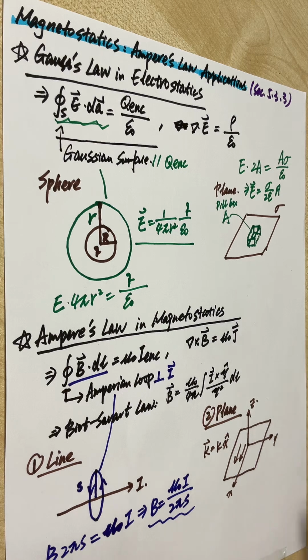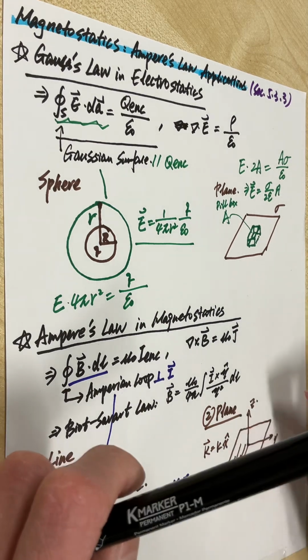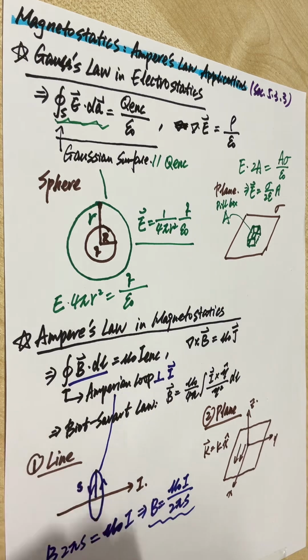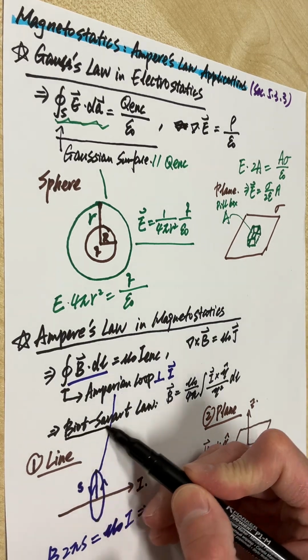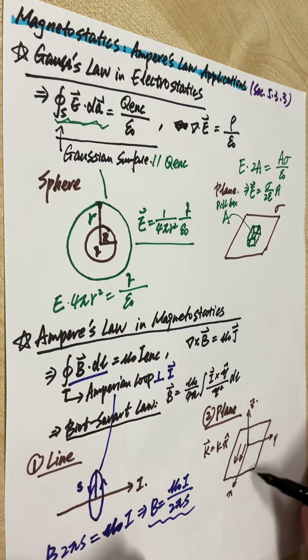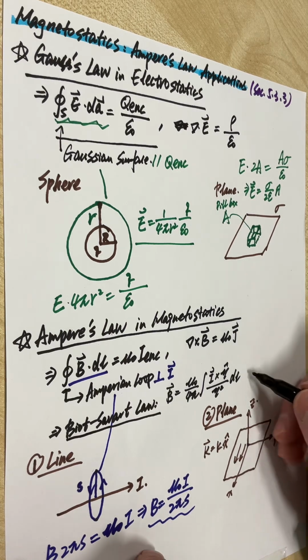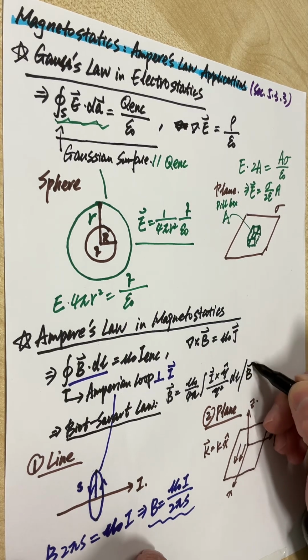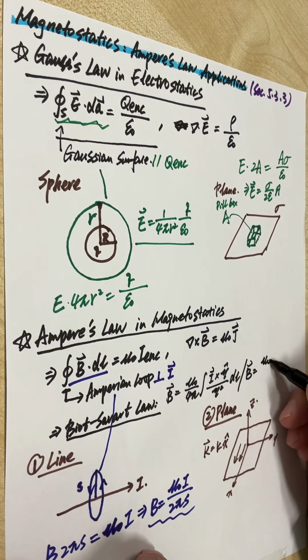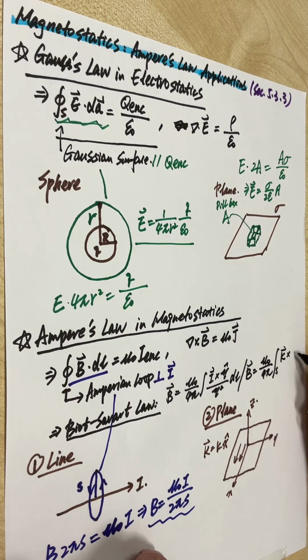So here let's recall, because we need to get the direction of the magnetic field first. The Biot-Savart law for the surface current density should be expressed as B equals mu 0 over 4 pi, and then the surface integral of K cross the unit separation vector, over the separation distance squared, dA.